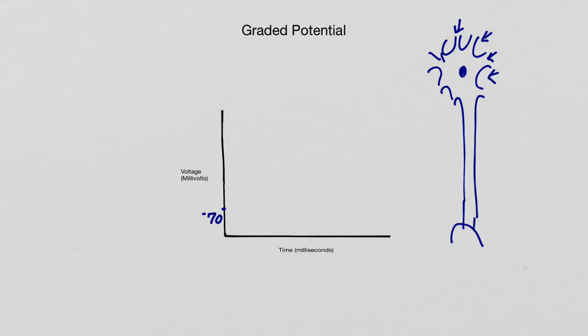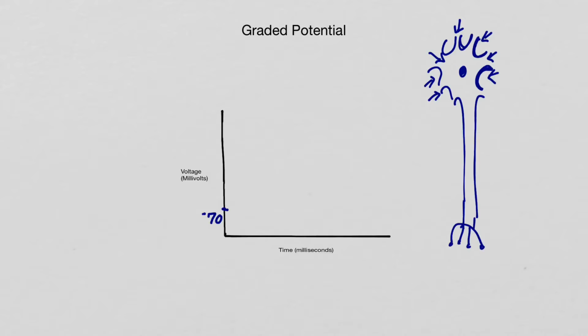And the information that is coming in actually changes the membrane potential. So the resting membrane potential, also called the membrane potential of a neuron, is at negative 70. But as signals come in, it's going to change the differential of the membrane potential.